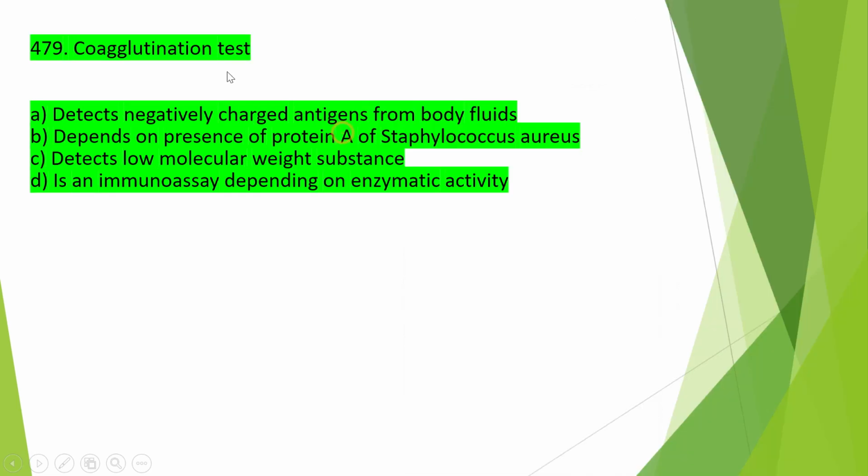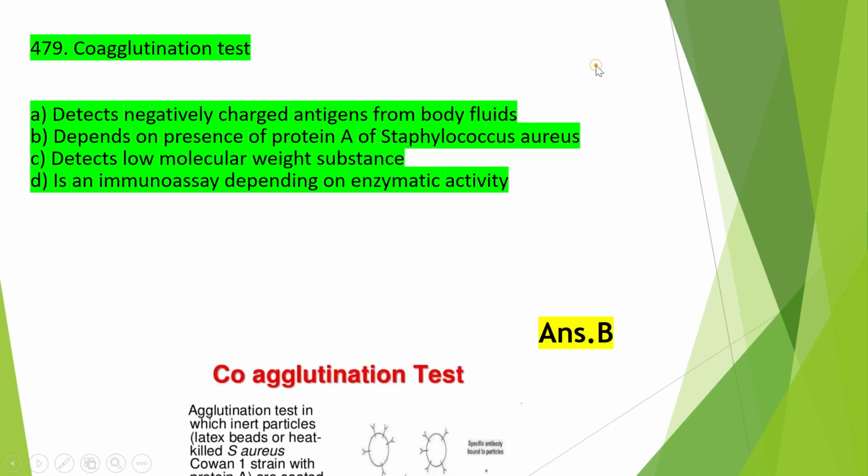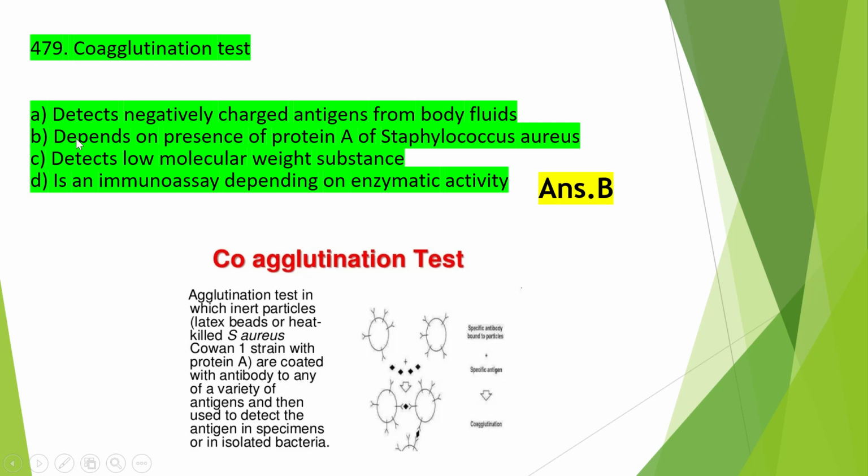So move on to the next one, that is: coagglutination test detects negatively charged antigens from body fluids, or depends on presence of protein A of Staphylococcus aureus, or detects low molecular weight substances, or is an immunoassay depending on enzymatic activity. The right answer is option B, that is coagglutination test depends on presence of protein A of Staphylococcus aureus.